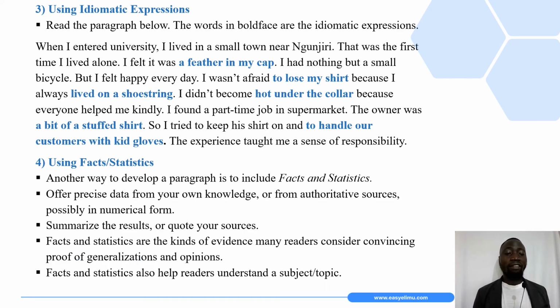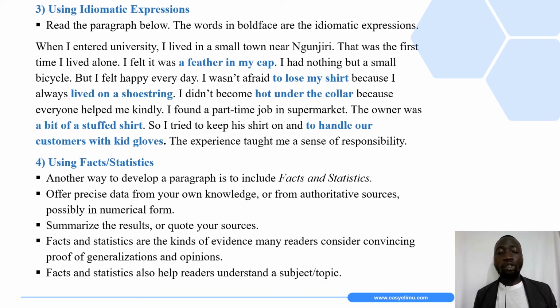The next device that we can also use to develop our paragraph is using facts or statistics. This is another way to develop a paragraph. So you include facts and statistics. When doing this, offer precise data from your own knowledge or from authoritative sources, possibly in numerical form.